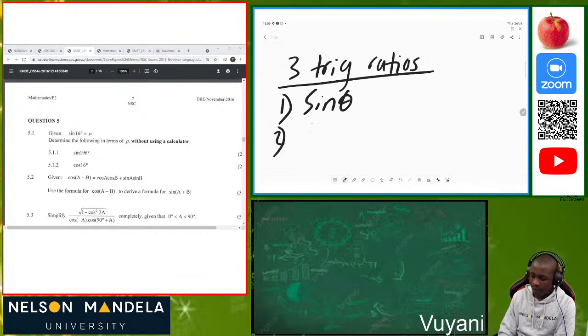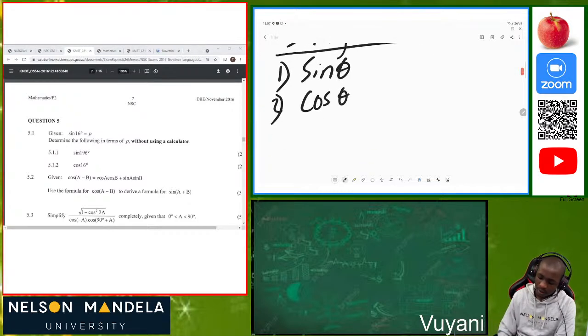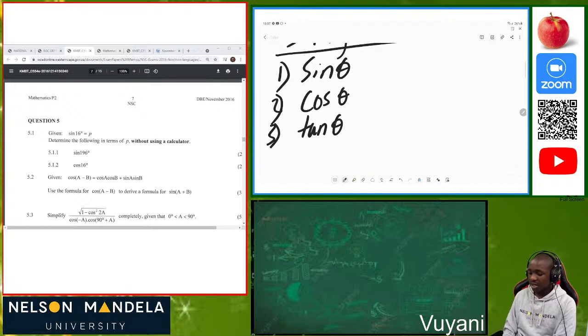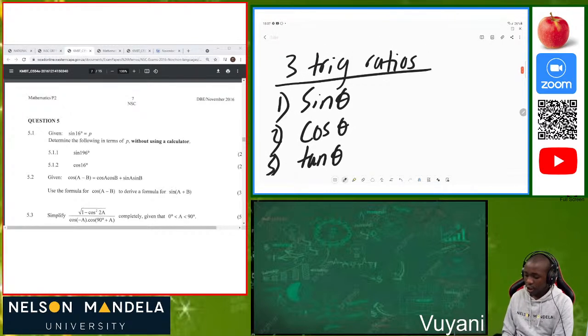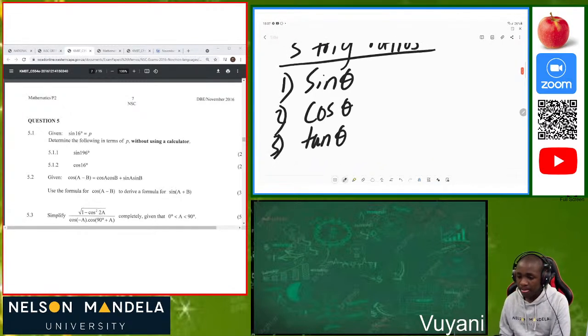Number 2, we have cosine of theta. Number 3, we have the tangent, tan theta. So these are the three trigonometric ratios which were taught in grade 10.